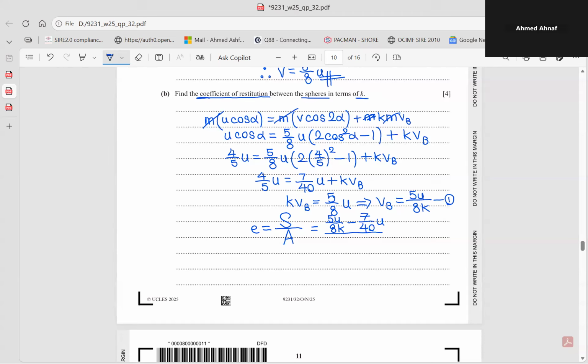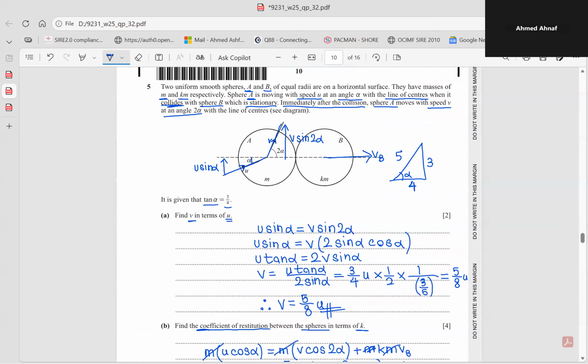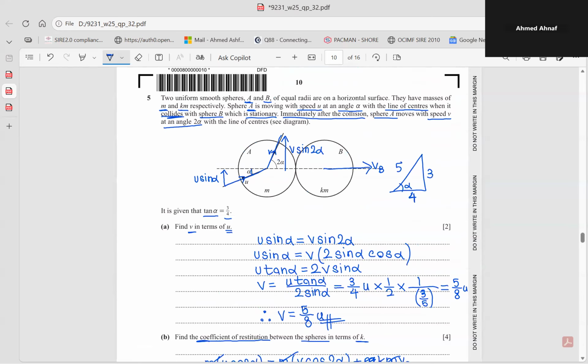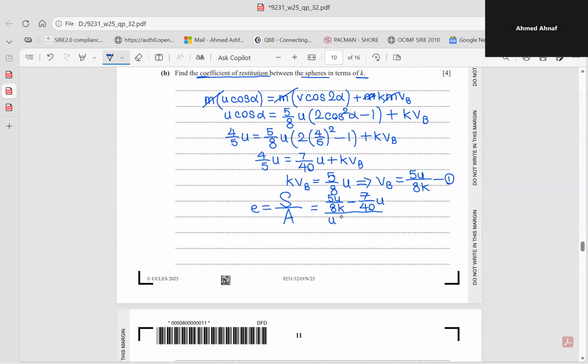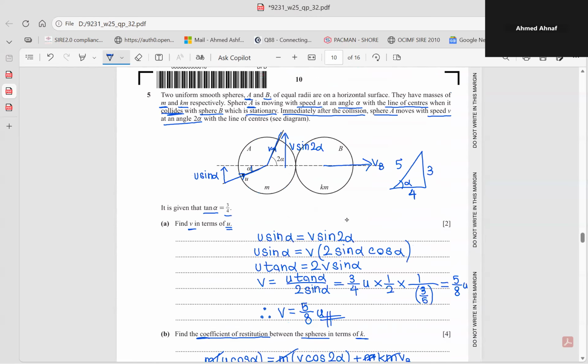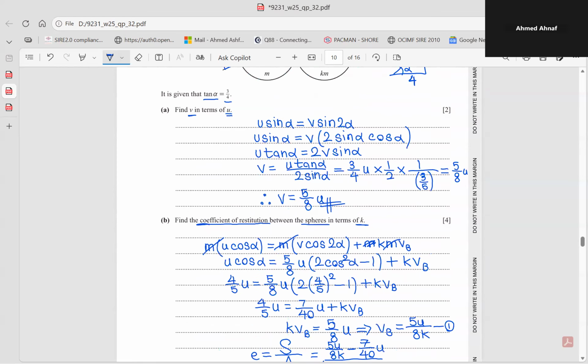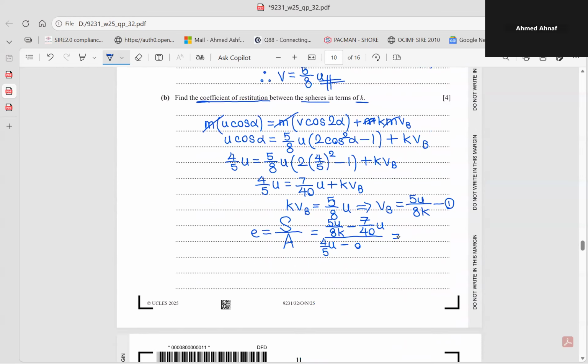For the speed of separation, we took the final velocity of B minus the final velocity of A. But for the speed of approach, we have to take the initial speed of A minus the initial speed of B. The initial speed of A is u cosine alpha, which is u times 4 over 5, minus B, which is 0.